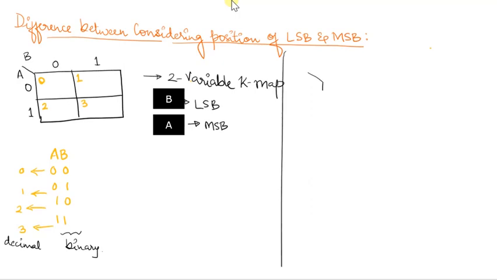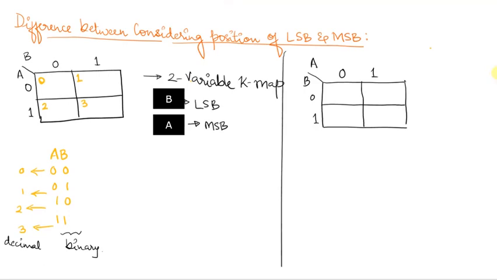Another way of considering is we can consider the MSB position on the top and LSB position at the bottom. Now in this particular case, what happens is that our decimal values that we place will be different from the one we have considered earlier, but the binary inputs are same, everything remains the same.